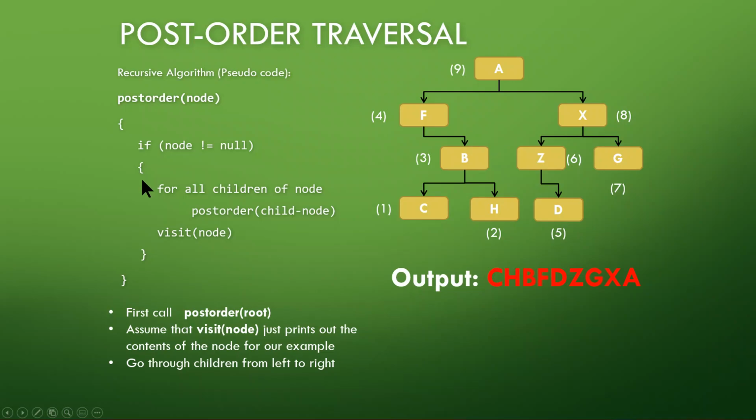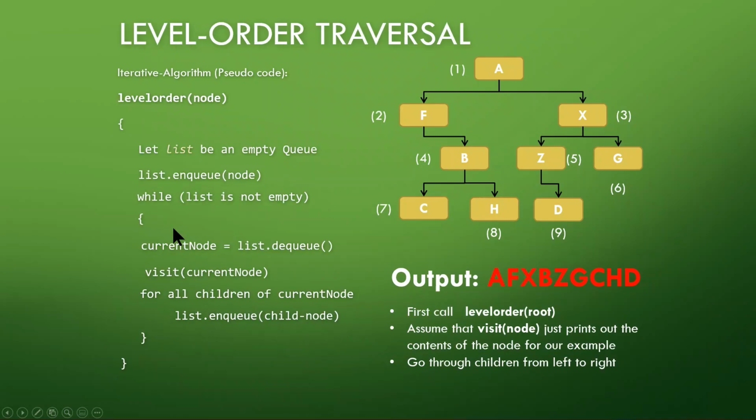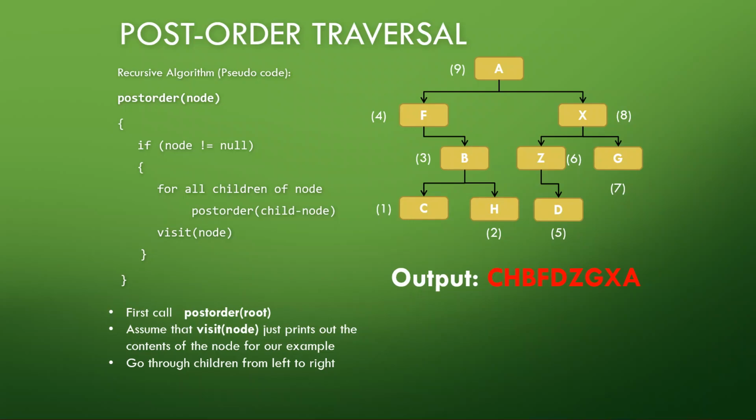Or post-order, which is to visit all the children first, recursing on them, and then visit the node. These are all different, but be aware that they're all the same in the sense that I need to visit each node once, and it's just a tool for which order I need. If you don't care about the order, you can use any traversal, or you need to use a specific one for the work you're doing.